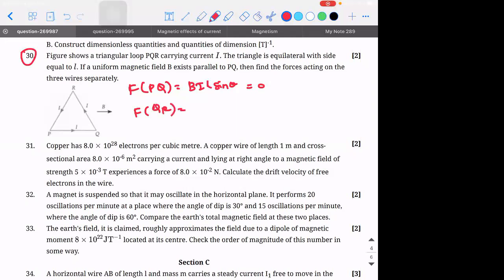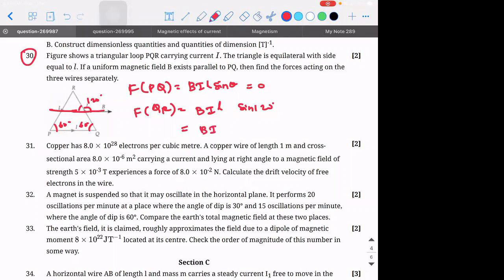QR? So QR, what you can do is if you extend it like this, this is 60 degrees. Means how much will this be? It will be 120 degrees. So F across QR is equal to B into I into L into sine 120 degrees.